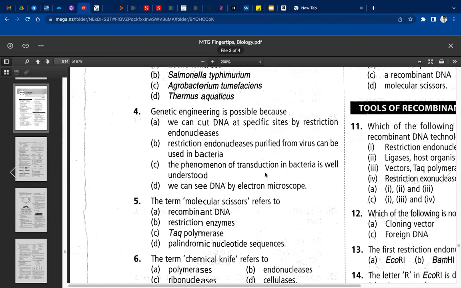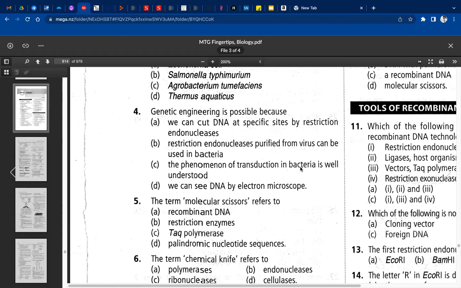C says the phenomena of transduction in bacteria is well understood. First, it's not, and second, that's not how genetic engineering is done. It's transformation, not transduction. Transduction is different, transformation is different. D says we can see DNA by electron microscope. We cannot. We cannot see a single thread of DNA by electron microscope.